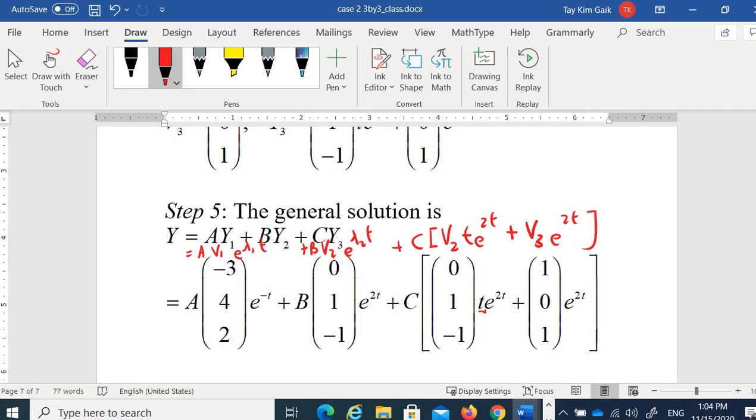This is similar to the case of 2 by 2 if you got a repeated eigenvalue: v2 here you multiply by t, so that this term and this term won't clash. v3 is a new eigenvector, so multiply with exponent 2t.